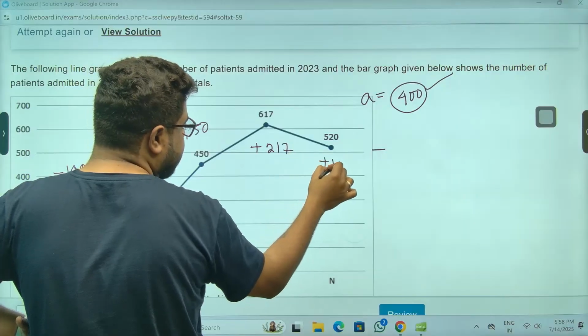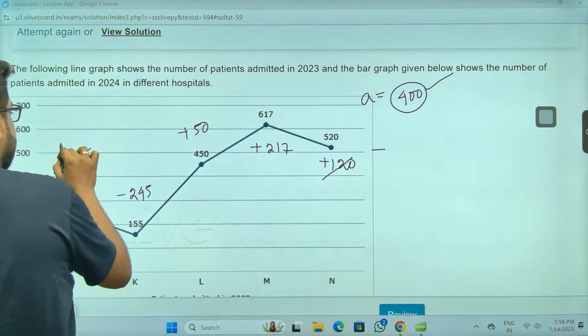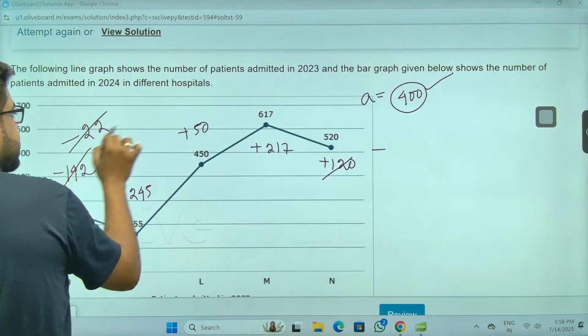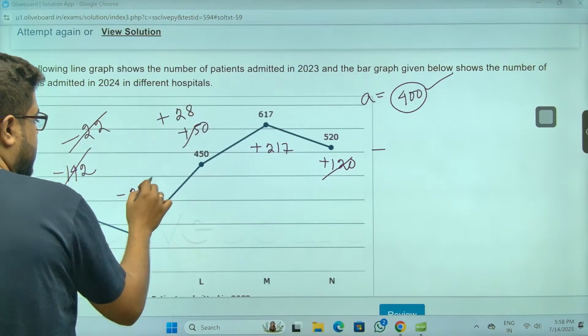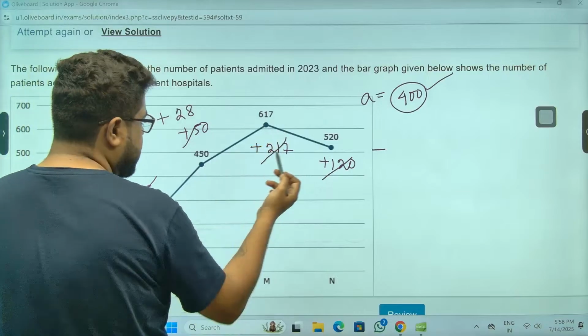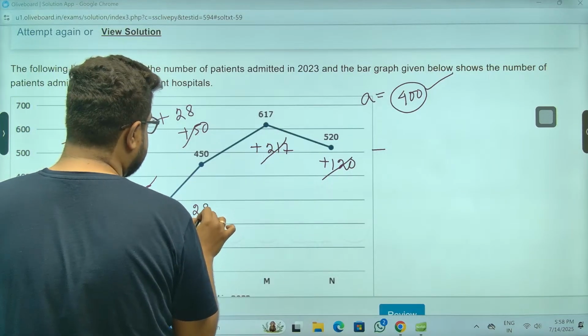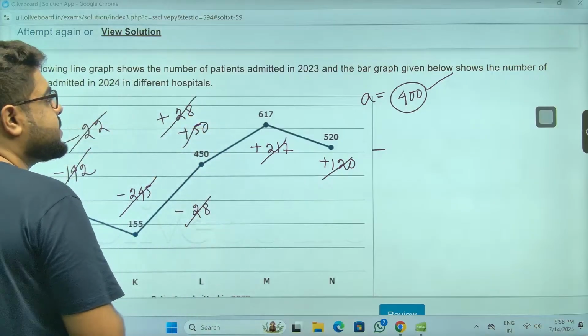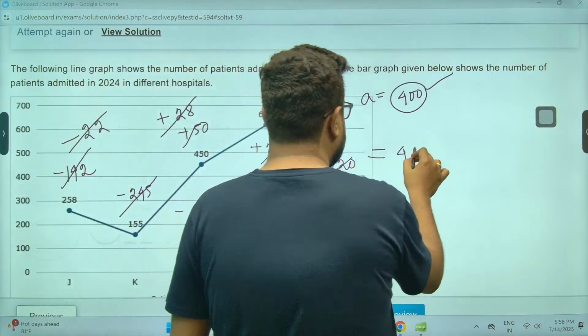This is 120 more. So just calculate, sir, 120 and this is, sir, minus 22. So this is plus 28. Correct? 215, 217. 220, say minus 25, minus 28, sir. So there is absolutely no difference. Did 400 come out, sir?